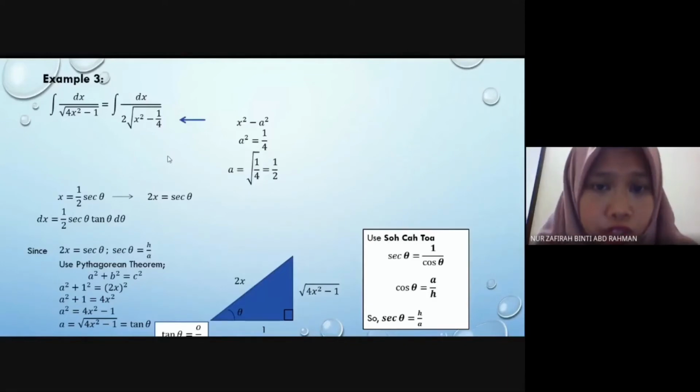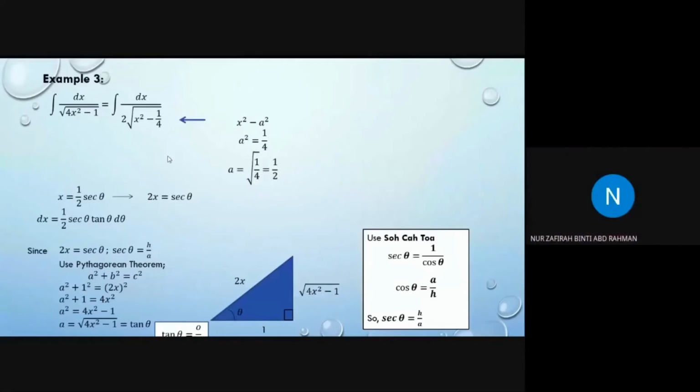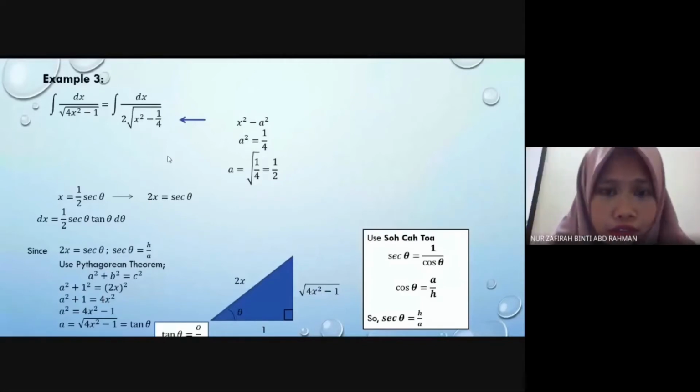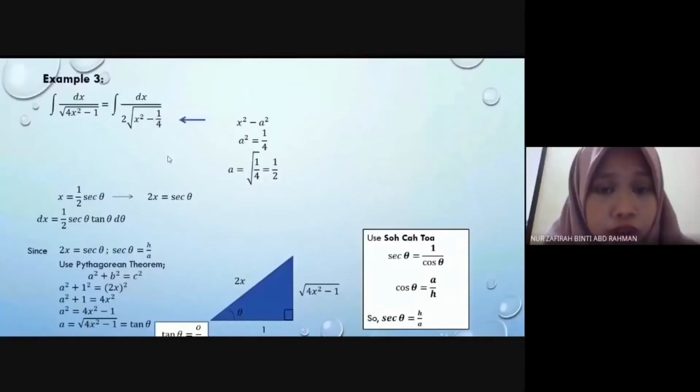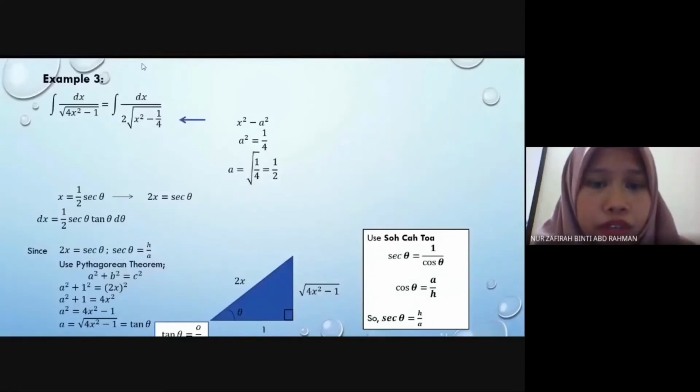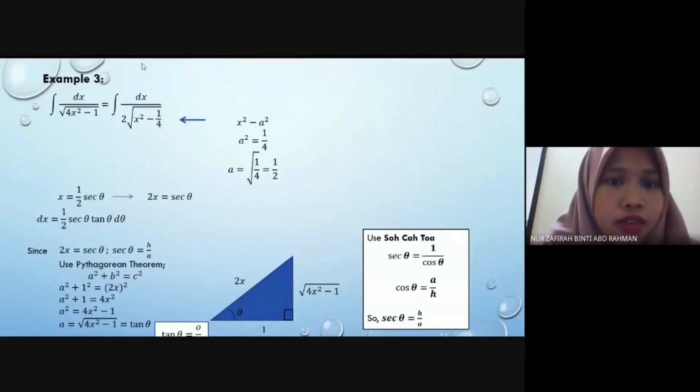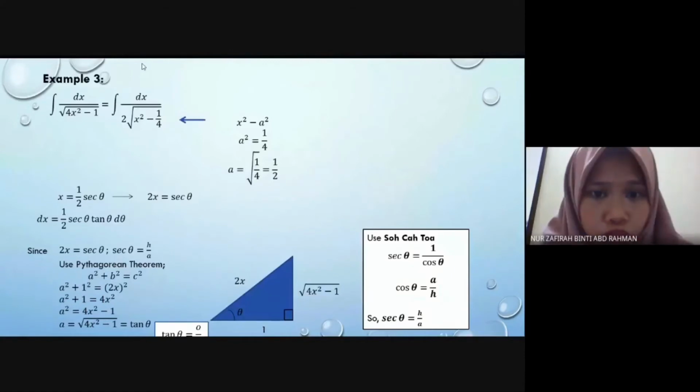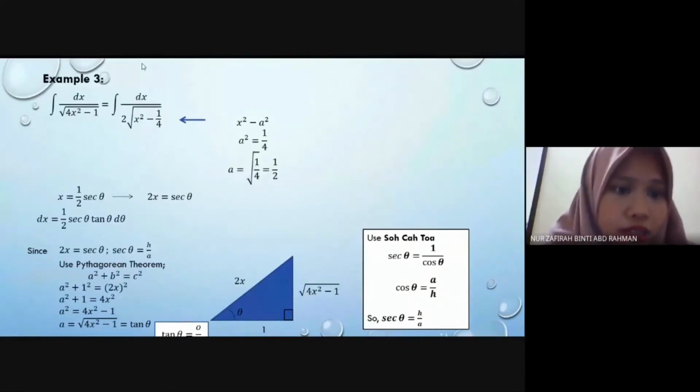For this form of question, we will use a secant substitution. To determine the a value, we have a squared equals 1 over 4, and then we get a equal to 1 over 2. From this value, we can say that x equals a secant theta, which means x equals 1 over 2, the a value that we got, times secant theta.